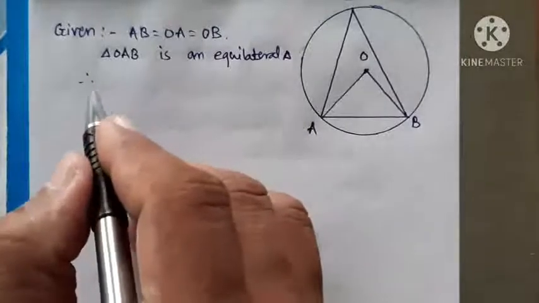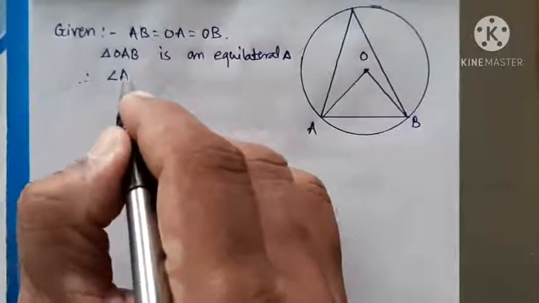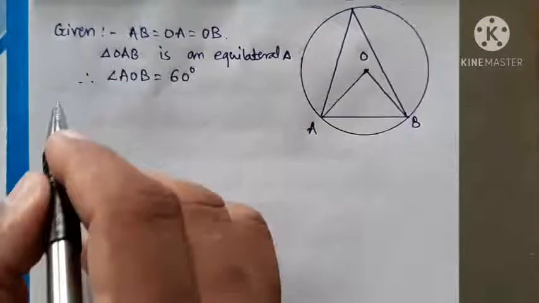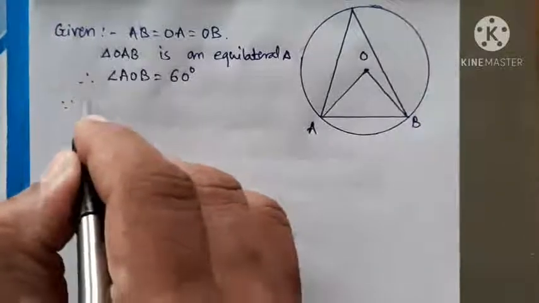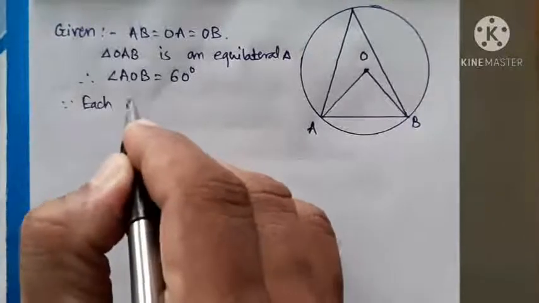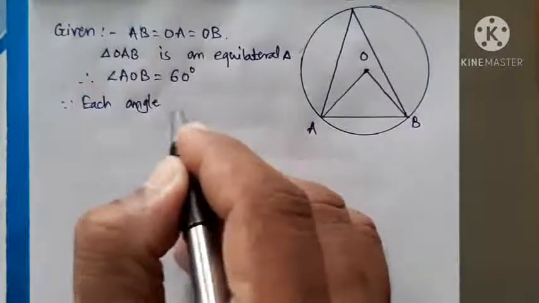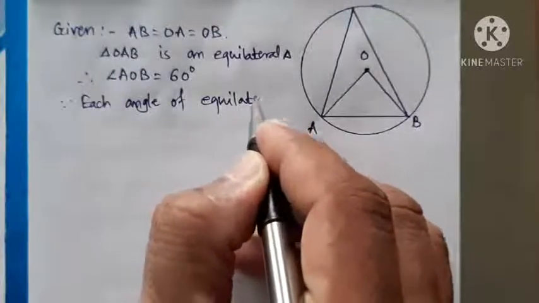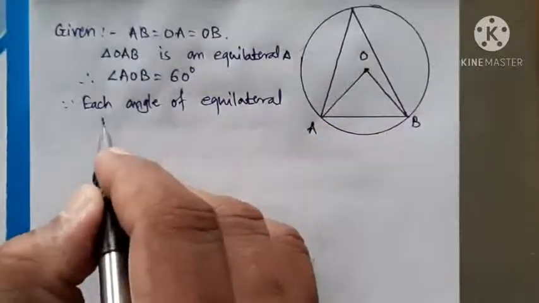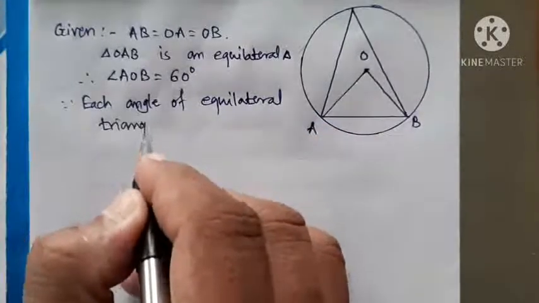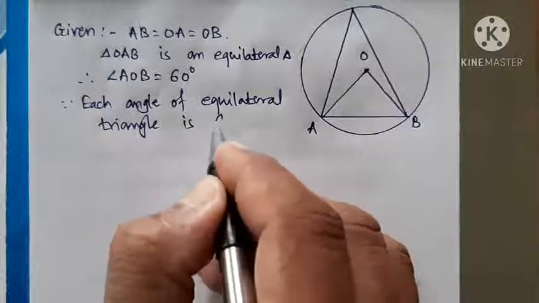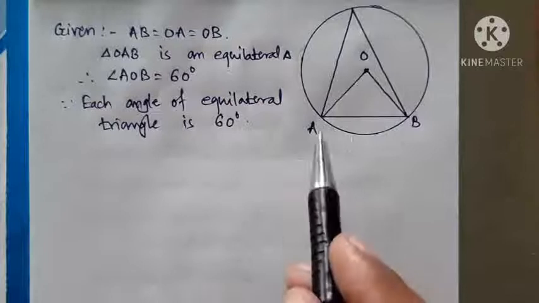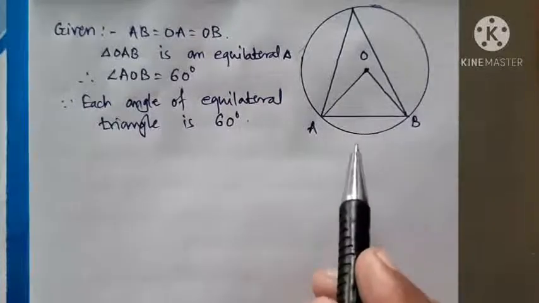Therefore, angle AOB is equal to 60 degrees because each angle of an equilateral triangle is 60 degrees. Therefore, given that angle AOB is equal to 60 degrees.